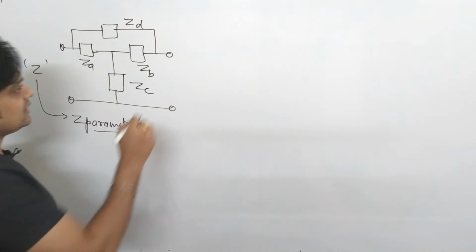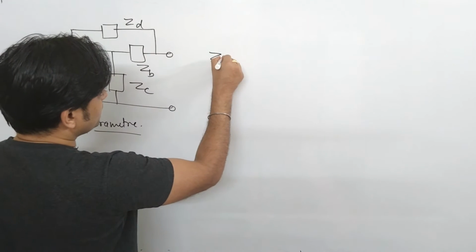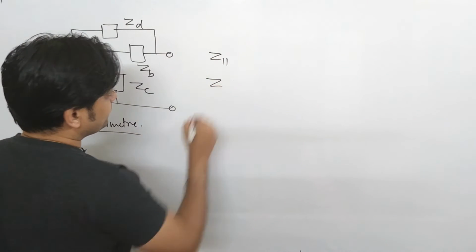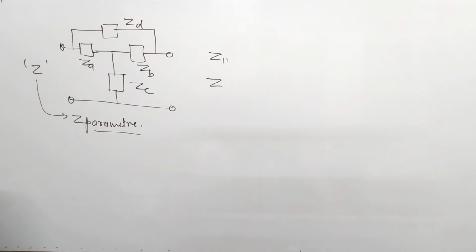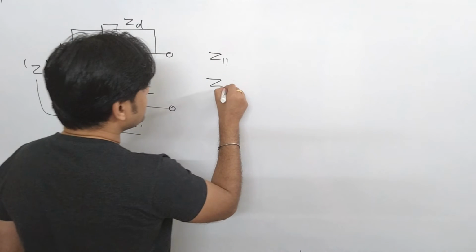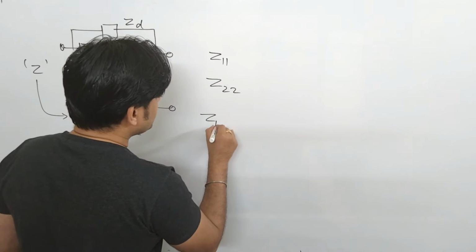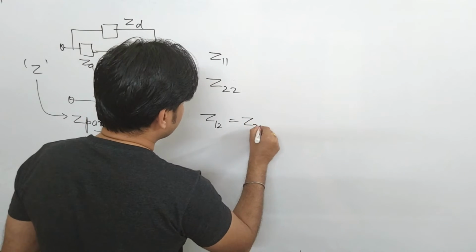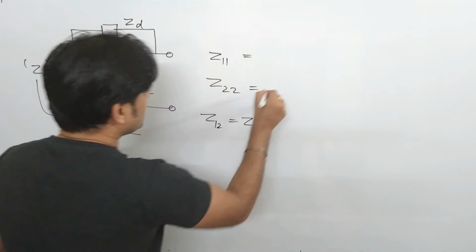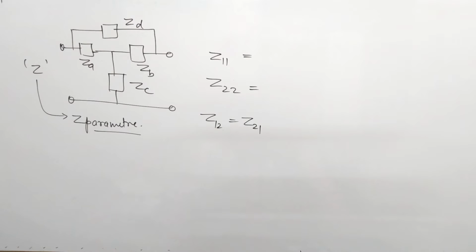So in this case I am directly writing the solution for Z11, Z22, Z12, Z21. Since this network is a reciprocal network, when you find the values of Z12 and Z21 they come out the same.